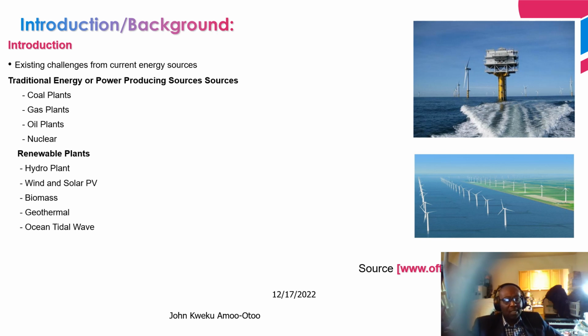Biomass is production of electrical power utilizing trash, basically waste, that goes to the boiler process to generate the required heat to heat the water, and steam out of the water is used to feed steam turbines.